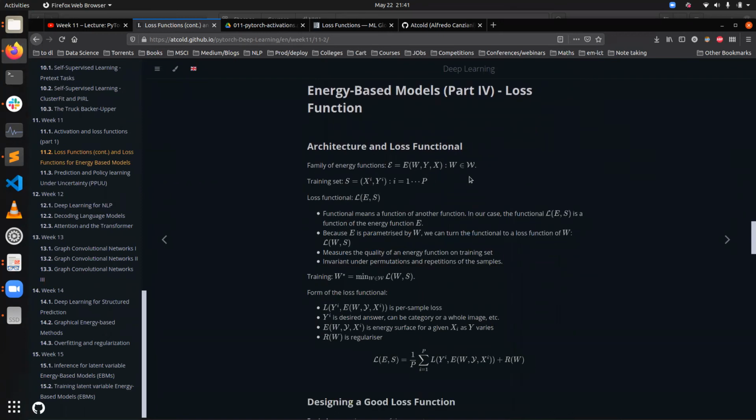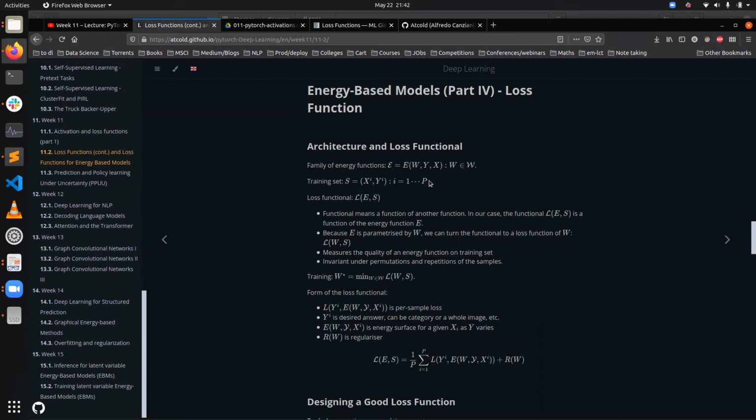Next, we move to energy-based models. So in energy-based models, as we have learned in previous lectures, what you're trying to do is make an energy function which has low energy on actual data points and high energy elsewhere.